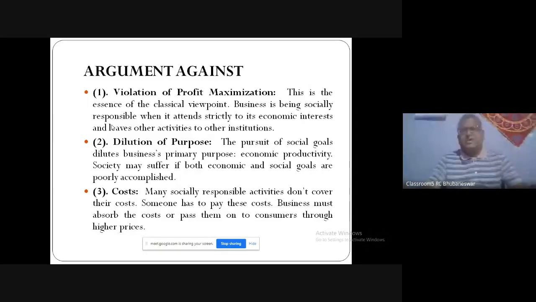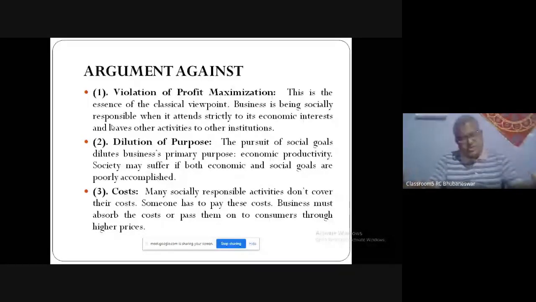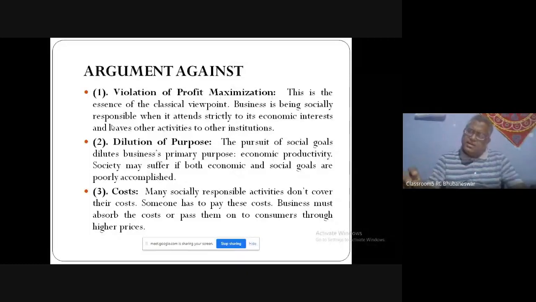It is called misappropriation of fund, or embezzlement of fund, or not managing the fund properly. That is the way it is called dilution of purpose.